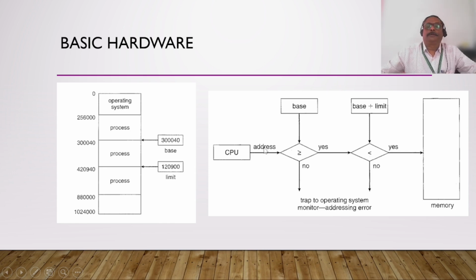So we give the absolute address and then check whether it is below base, no. If it is below base, yes, then don't allow. If it is above base, yes, then look for whether it is below that next boundary line. If yes, allow it. If no, then just say there is a problem.